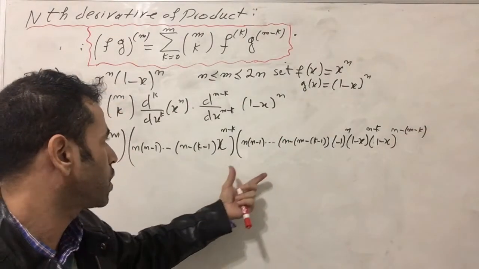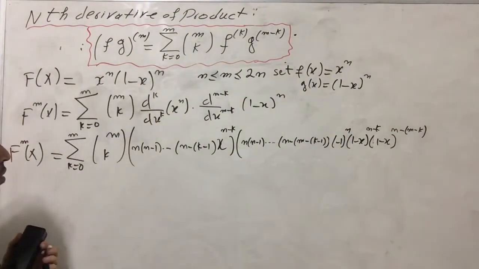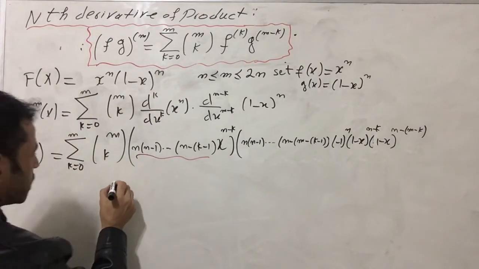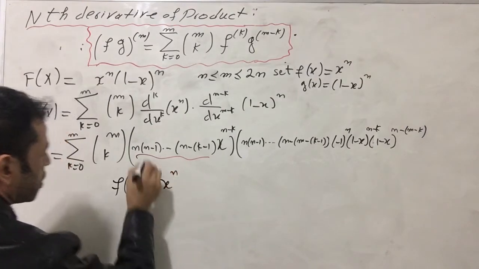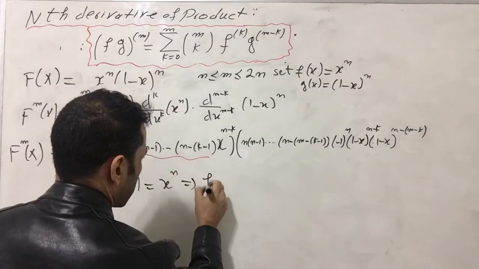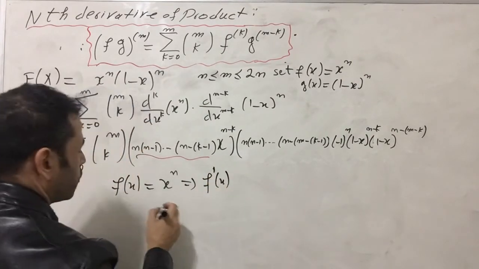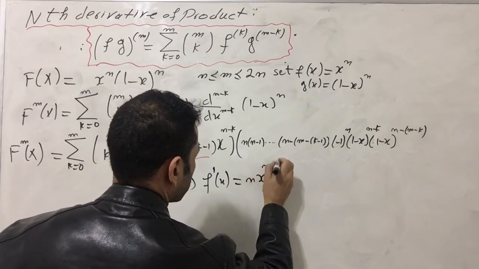You might ask how this is possible. I'm going to explain it a little bit. In order to find this, let's take the base case, for example f of x equal to x to the n, the same function. If I take the first derivative, I will have f prime equal to n multiplied by x to the n minus 1.